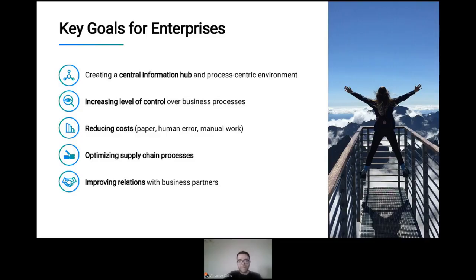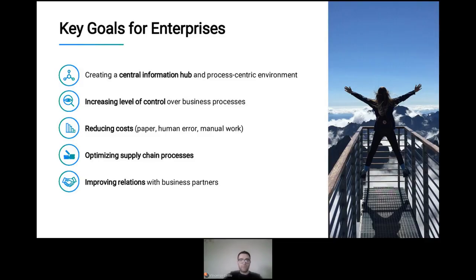They will need to create a central information hub and make company data more accessible, while improving their journey to becoming a more process-centric organization with a centralized environment where they can monitor the whole information of their companies, and also increase the level of control of their business processes. Enabling enterprises to trace problems in their business process management is also another key goal for the leaders in supply chains.